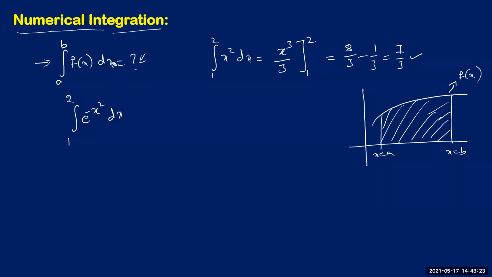When you evaluate this definite integral, you're actually getting area, right? Even in this case, though the function is non-integrable, it still gives you some number, because you have some limits here. Definitely you'll get some number, and that number is the area under this curve, correct? Since the usual methods are not applicable here, we can use numerical integration.